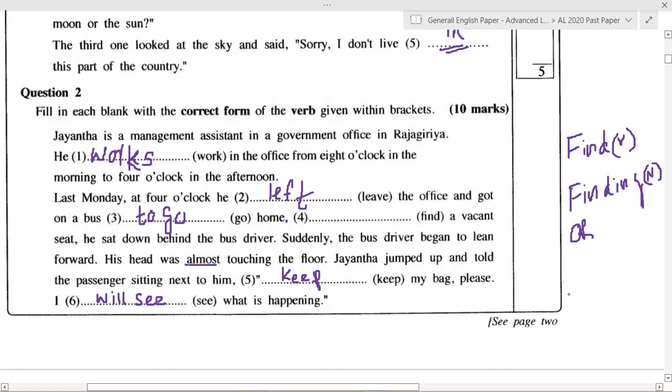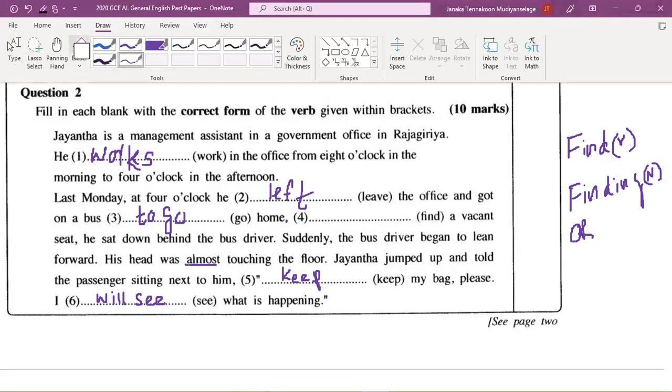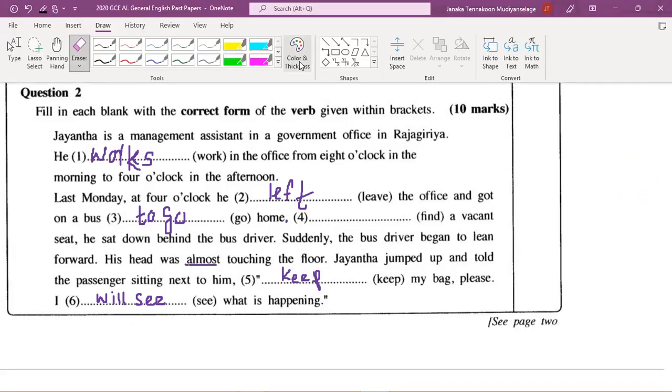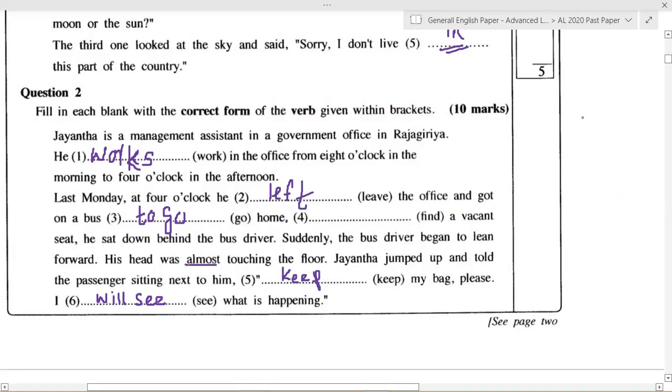There's another verb pattern that I need to teach you here. I'm going to rub this off so I can gain some more room to write some extra workings.